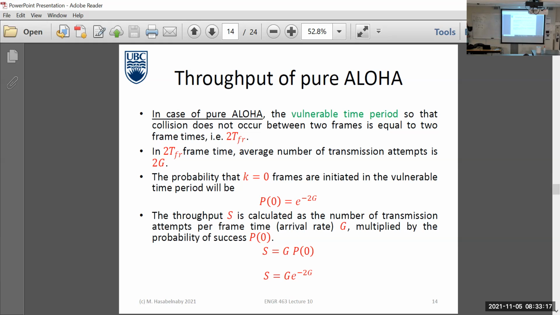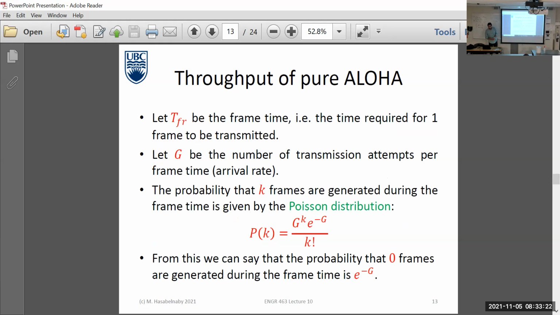Again, we have frame time TF, which is the time required for one frame to be transmitted, and G is the arrival rate during this transmission time. We can calculate the number of K frames arrived or initiated at the frame transmission time using the Poisson distribution, using this formula.